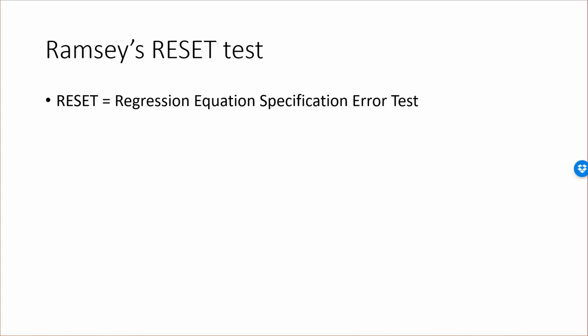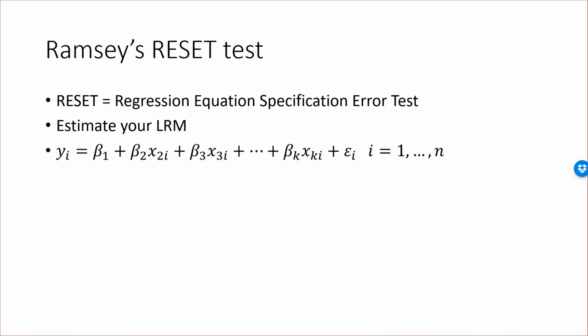So it's meant to test a potential error in your specification of your regression equation. So you start with a linear regression model that you estimate. Once you have estimated the model, that is estimated all the beta parameters, you can calculate all the fitted values. So you can calculate all yi hats.